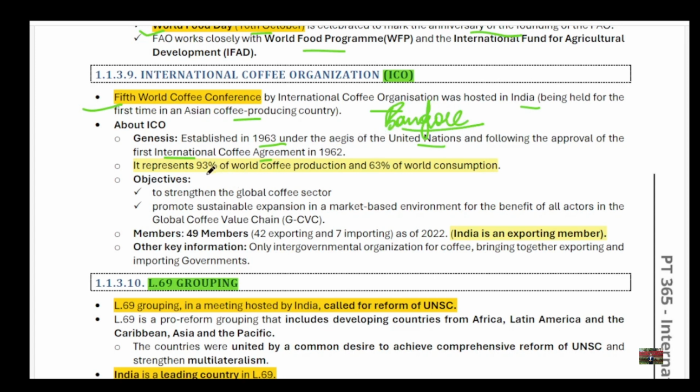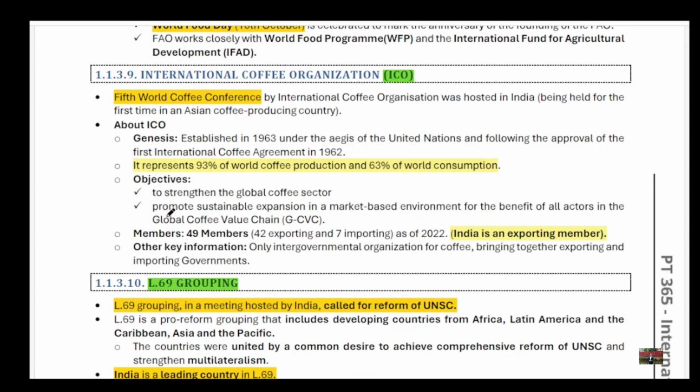So it represents 93% of world coffee production and 63% of consumption, right? So the member countries combinedly contribute 93% of world coffee production and 63% of consumption. What are the objectives? The objective is to strengthen the global coffee sector, right? Because coffee is one of the very important drinks of the world.